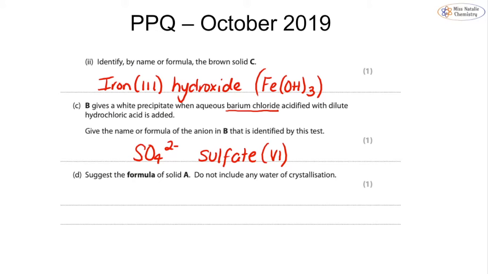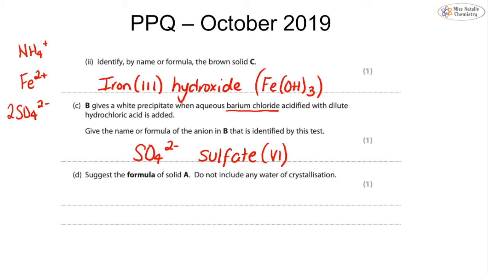So then suggest a formula for solid A. So we know that we're going to be containing NH4+, we're going to have Fe2+, and we're going to have SO4 2-. Now overall this compound has to be neutral. So at the moment we have 3 positives and 2 negatives, so that doesn't quite work out. So we're going to say that we must be having 2 sulfates, which gives us an overall charge of 4 minus.